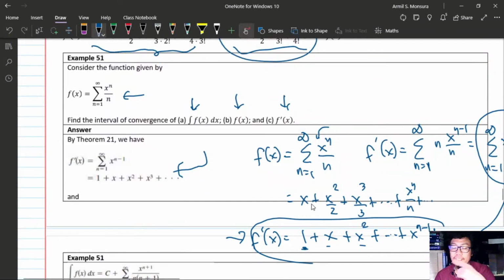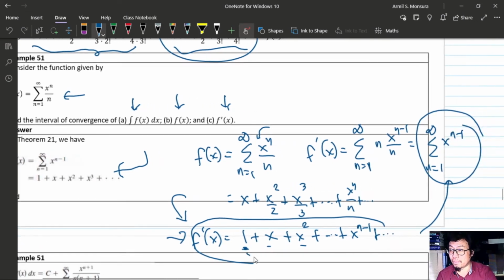But in the derivative there is a constant. So you might want to inspect that every time you're taking derivatives and integrals. Look at the first few derivatives and see if it actually describes your summation notation.